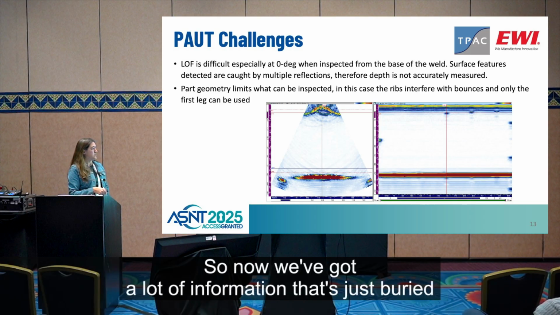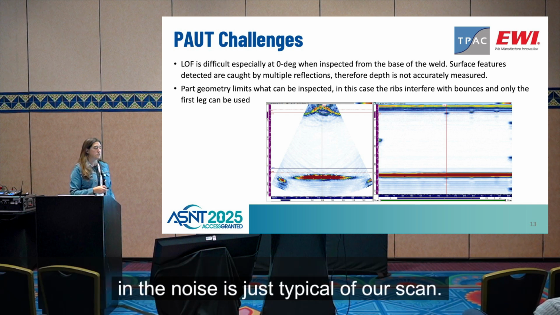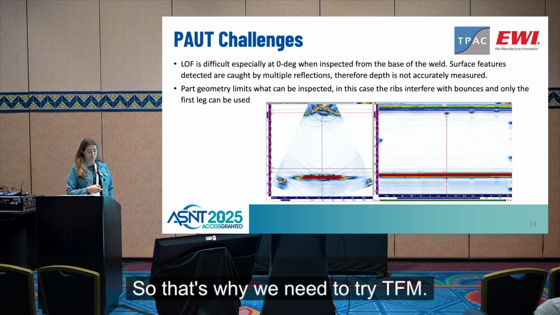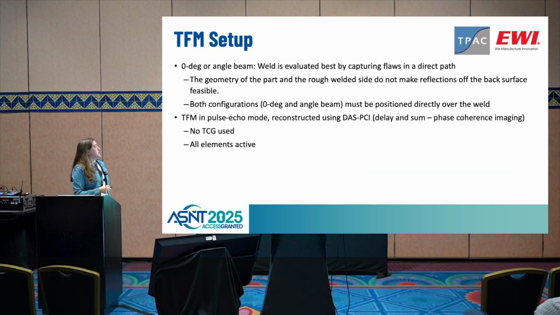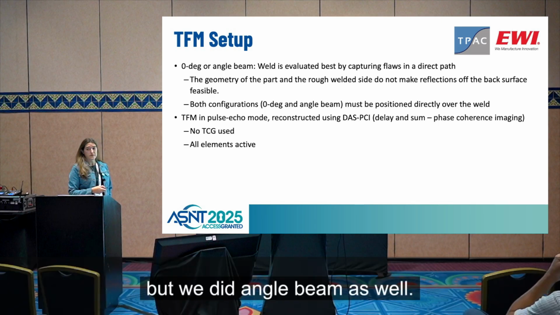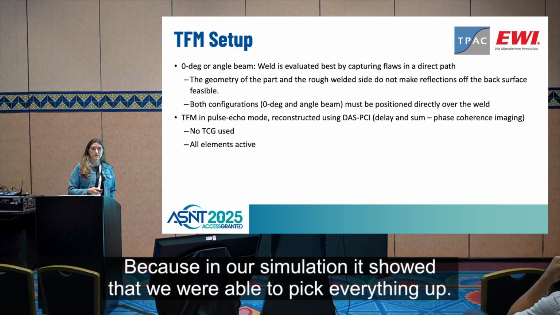So now we've got a lot of information that's just buried in the noise that's just typical of our scan. So that's why we need to try TFM. And with our TFM setup, we also use the 0 degree setup, but we did angle beam as well because in our simulation, it showed that we were able to pick everything up.